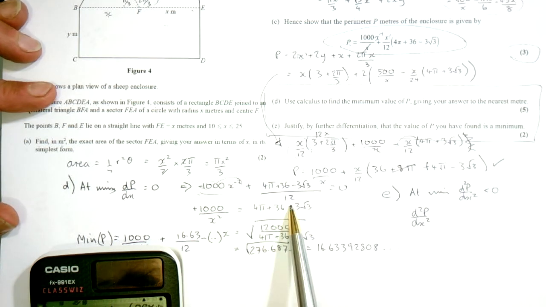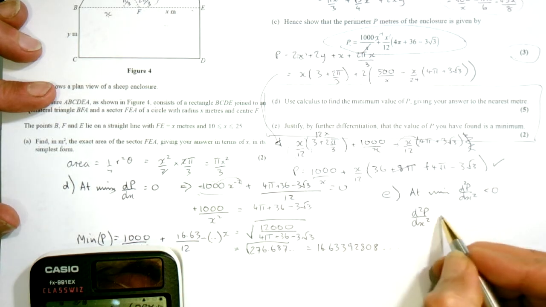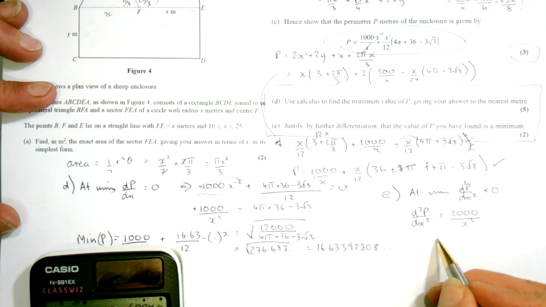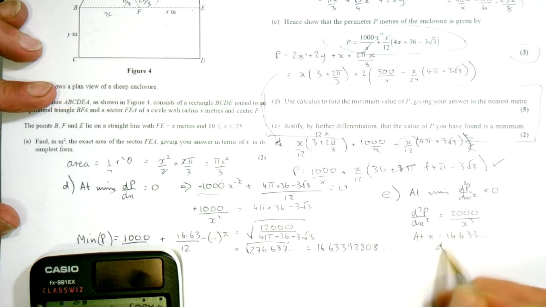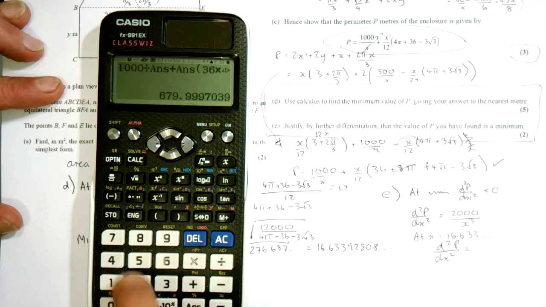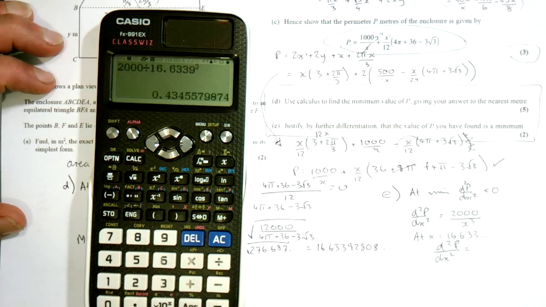So this has not got any x's in it, so when we differentiate that bit, it's just going to go away. So differentiate this part, times by the minus 2 is 2000, reduce 1 from the power, becomes divided by x cubed, and that's equal to, at x equals 16.633, d2p by dx squared is equal to 2 grand divided by 16.6339 cubed, equals 0.43455, which is bigger than 0.